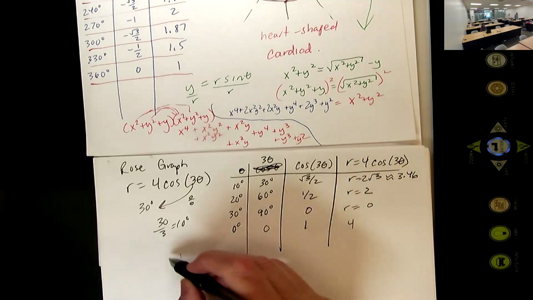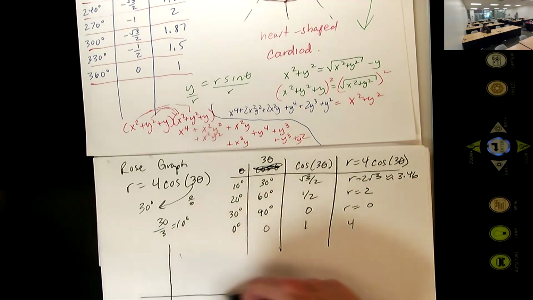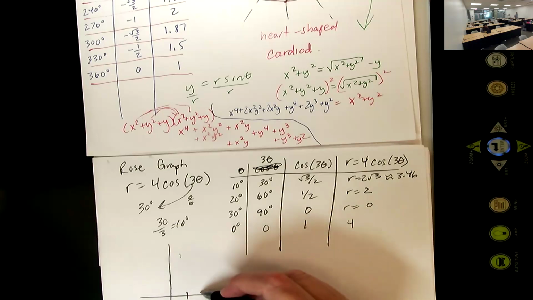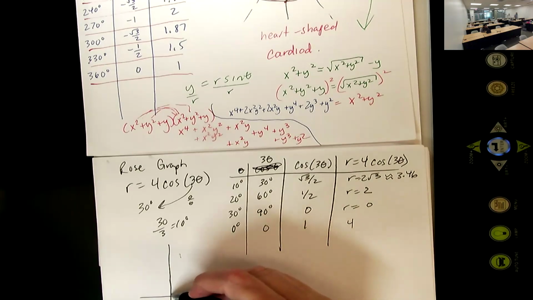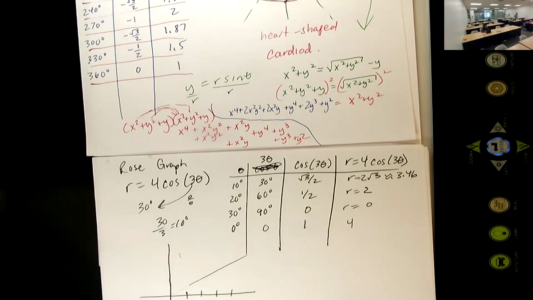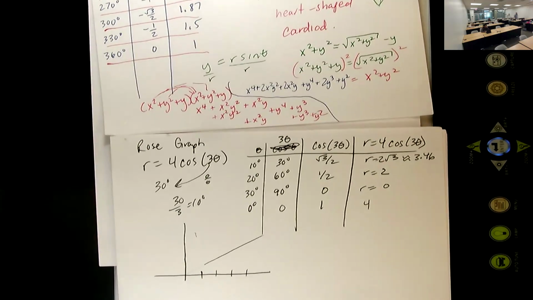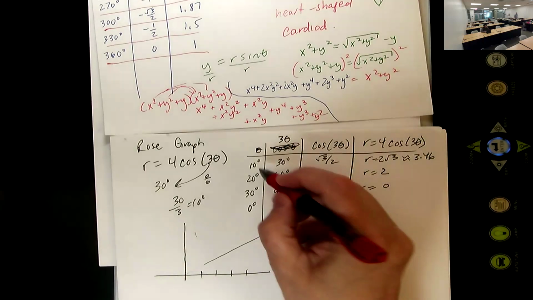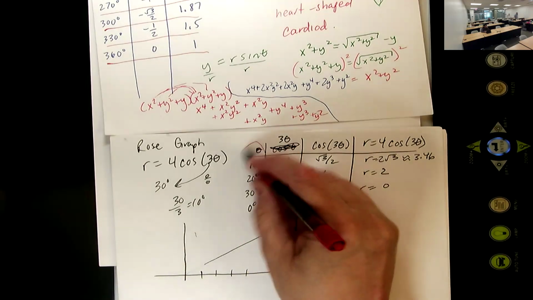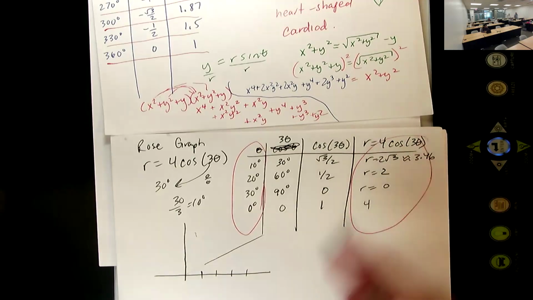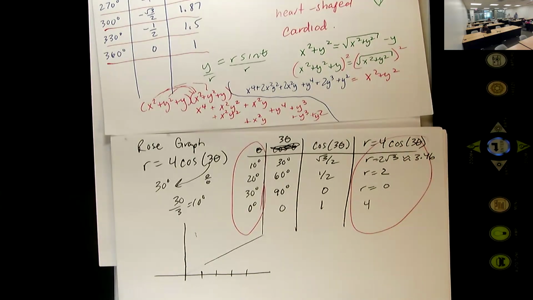A quick sketch of that. That's the 30-degree mark. So all of this happens between there. You're going off of this column and this column. Don't go off the 3 theta column when you're sketching.